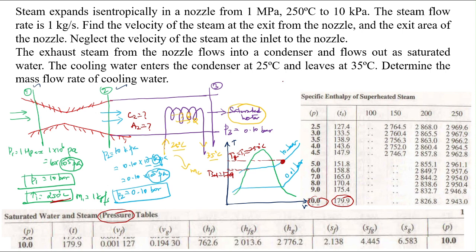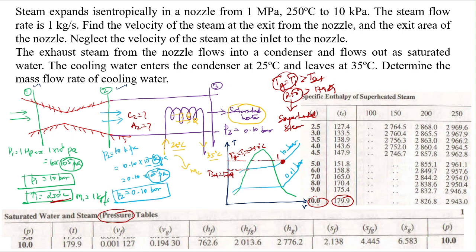So we write T given, otherwise T1, greater than T sat, because T1, which is equal to 250 degrees Celsius, is greater than 179.9 degrees Celsius. So the given temperature is greater than the saturated temperature, so the condition of the substance is superheated steam. This is point number one.